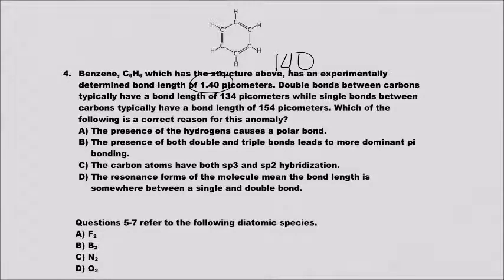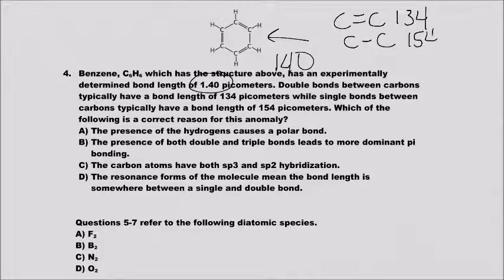We have a bond length of 140 picometers in this structure. We do know that double bonds typically, and I'm just going to write this so we can keep up with our information, are 134 picometers, and that single bonds are 154.